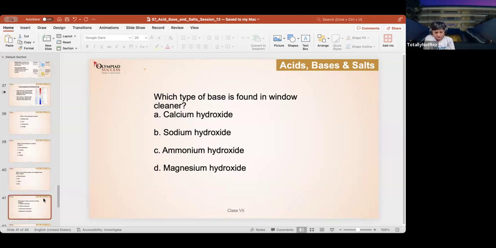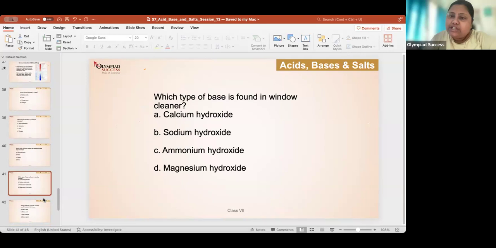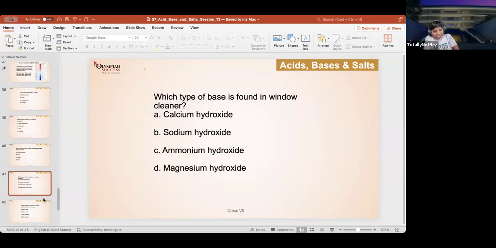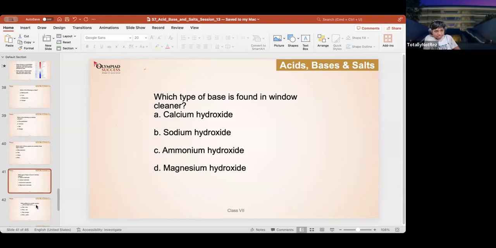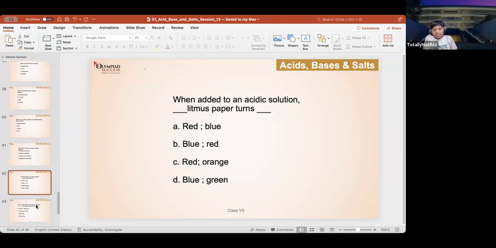Calcium hydrox... Is it calcium or ammonium? Ammonium. Yes. Next. An acidic solution. Blue litmus paper turns red.